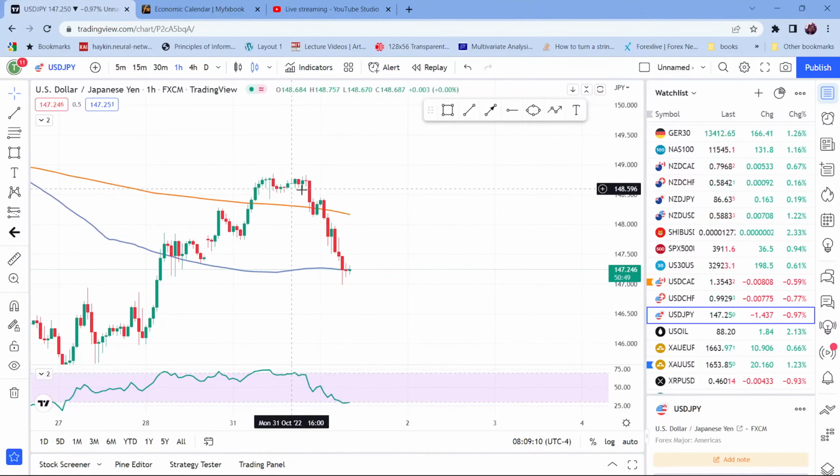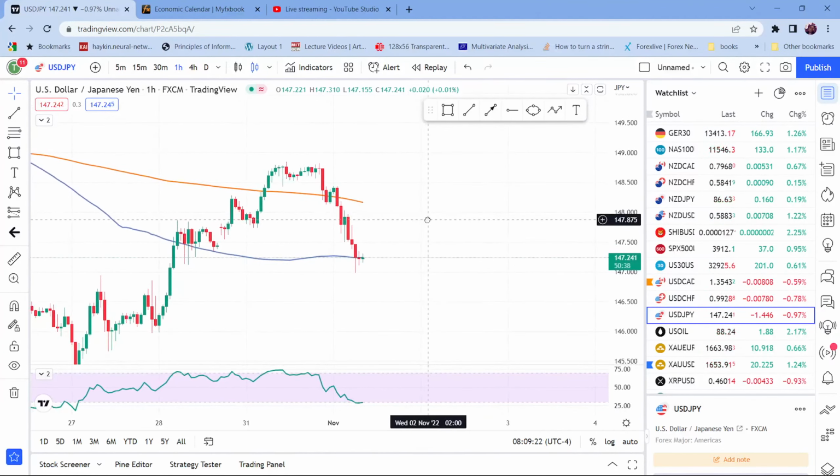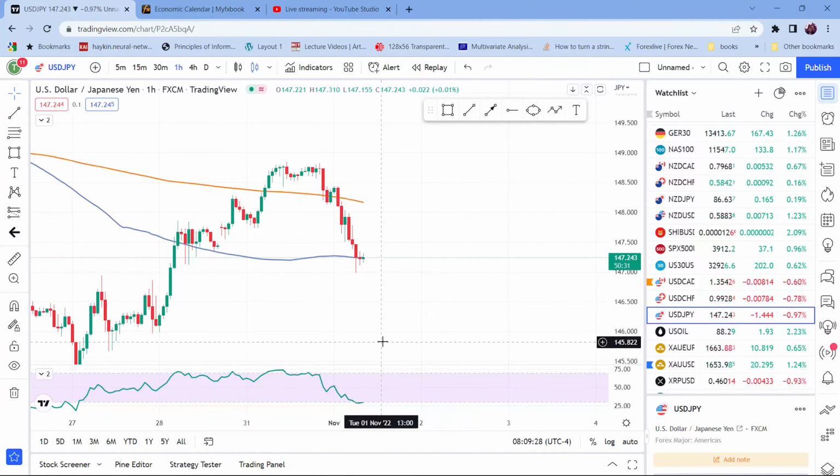So we have been seeing the yen becoming a little bit more bullish, so to say. But that is not because the Japanese economy itself is increasing interest rates at an exponential rate or anything like that. It's just because overall they are known to have more of a stable economy.